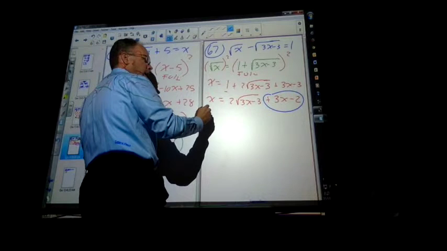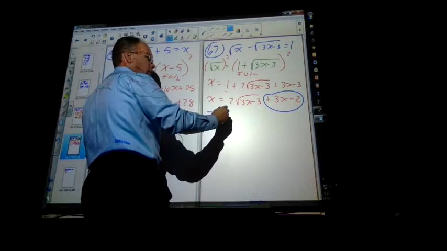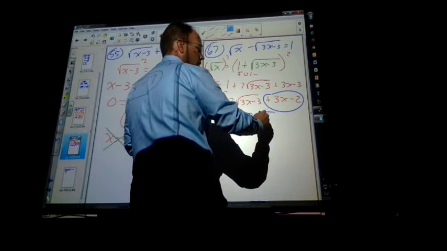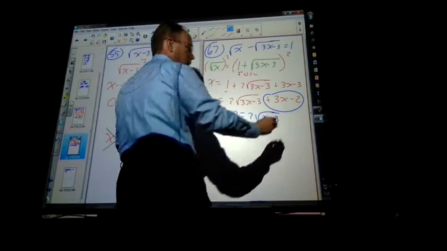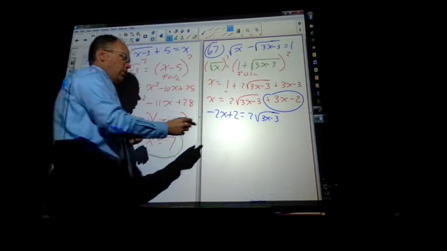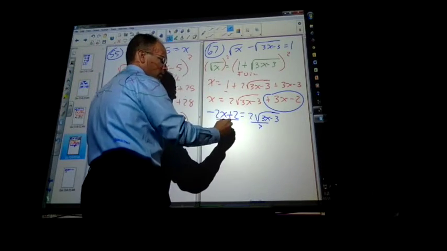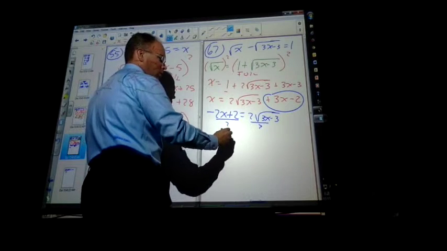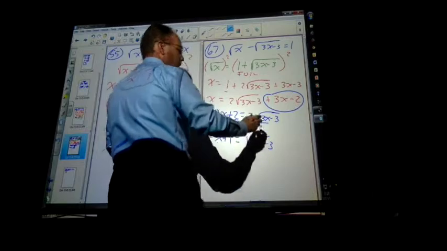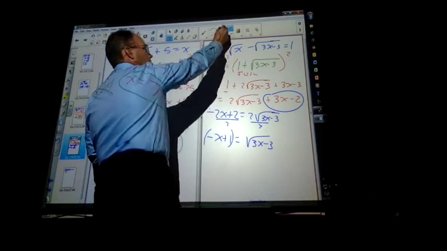So that's going to give me negative 2x plus 2 is equal to 2. Divide both sides by 2. So that's going to give me negative x plus 1 equals this. Put that in parentheses and refoil it.